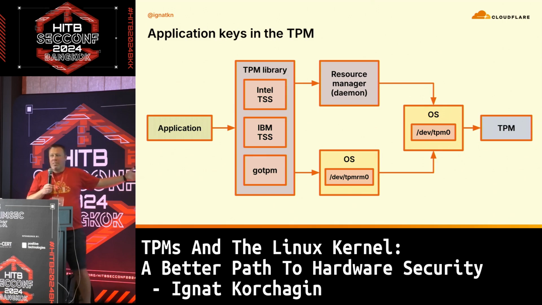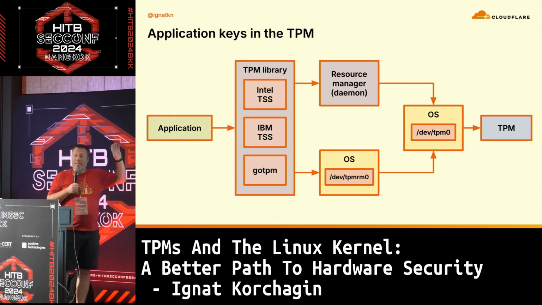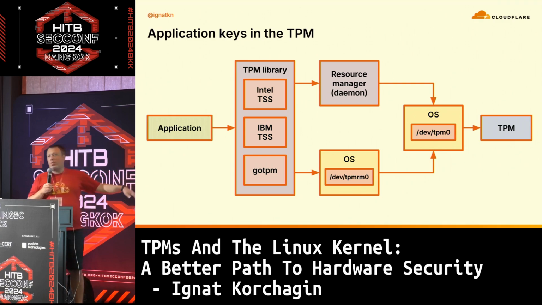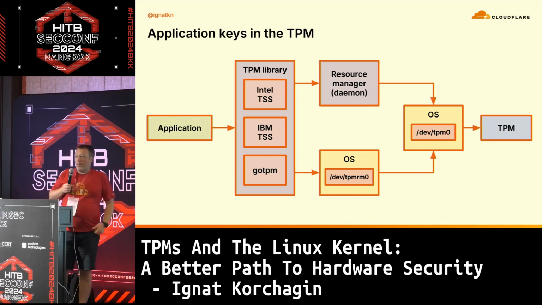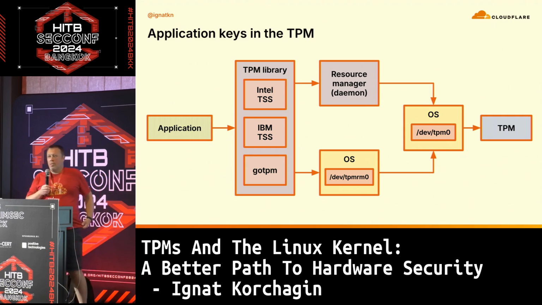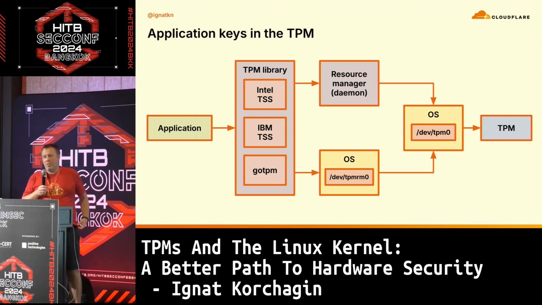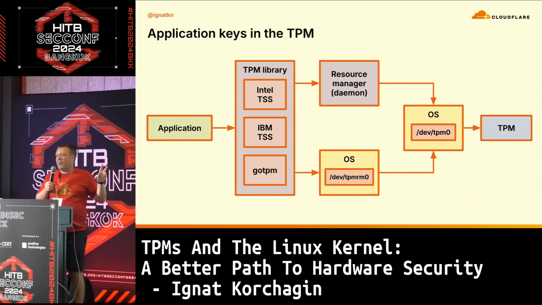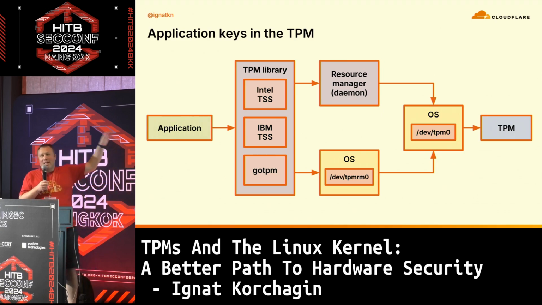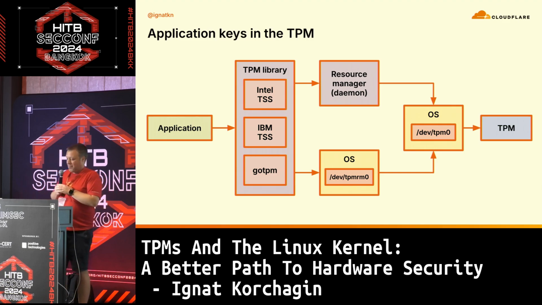Some particular languages like Go don't even like external dependencies, so they have their own implementation, like Go TPM from Google. I didn't actually look at the Rust ecosystem, but I assume either the development is ongoing or it's there already, because in Rust folks also use Rust-native implementations and don't interface with C. So you have many stacks to choose from and understand.